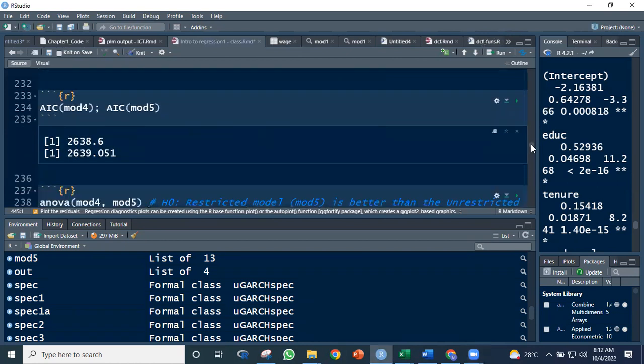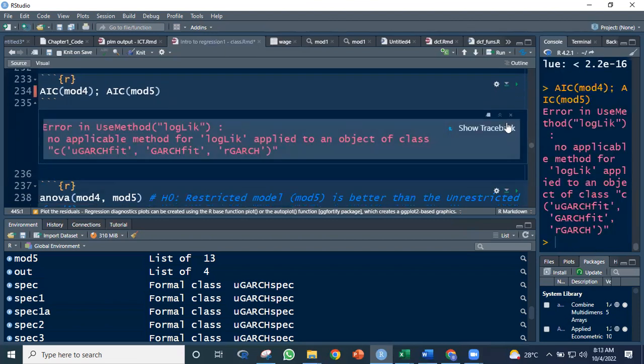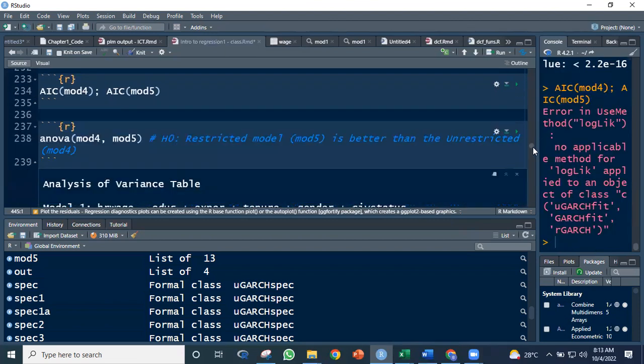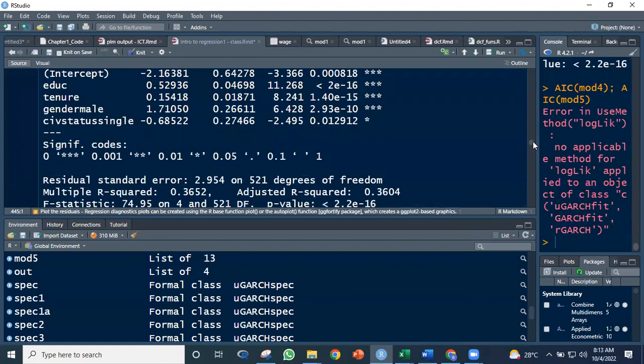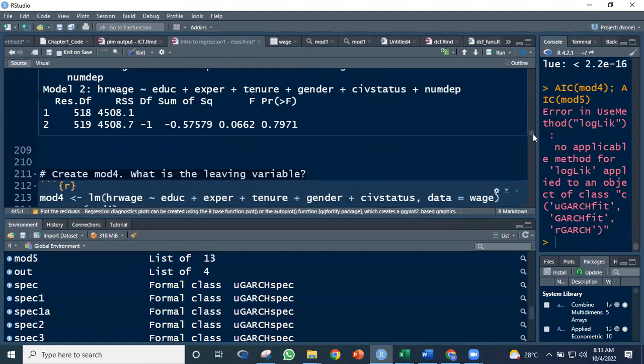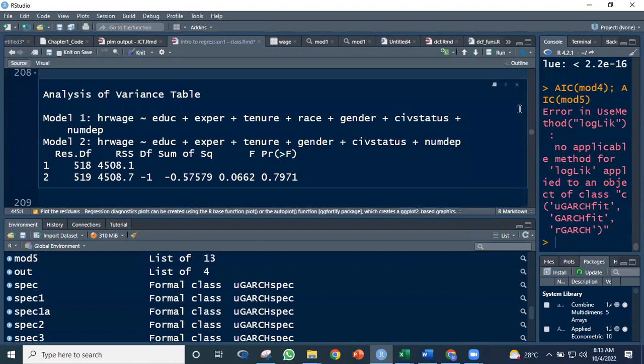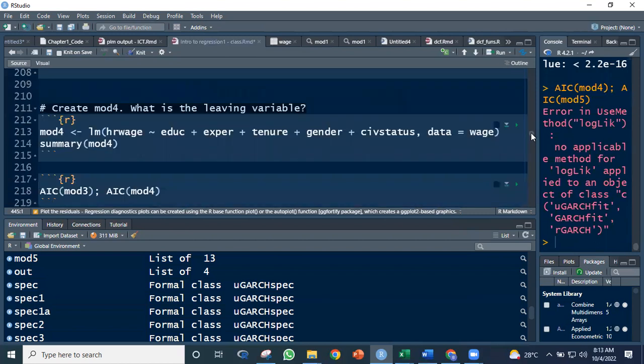Okay, so we compared using ANOVA, Model 4 and Model 5, and here, what do we have here? Okay, let's run this. Oh, sorry, I don't have Model 4. I think I have to run Model 4 first, so that we're able to compare it.